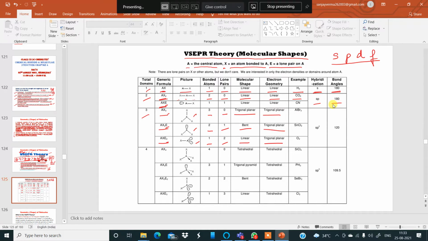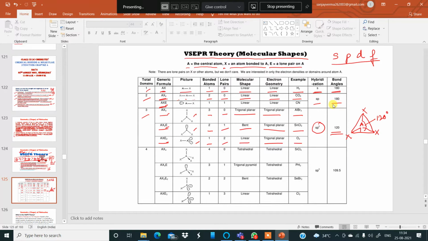Examples are aluminum bromide for trigonal planar, and SnCl2 or oxygen for the others. Hybridization is sp2. Bond angle is 120 degrees. In the center there is an atom A, and then one X here, another X here, another X here. This is how you get trigonal planar, and the bond angle here is 120 degrees.